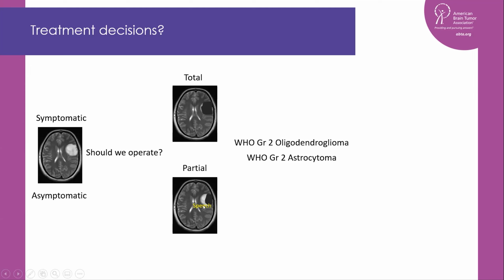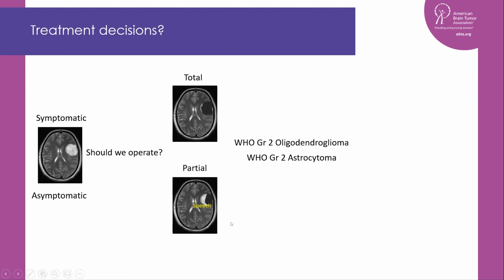But let's say the speech center is right here. So removing this whole thing in this patient may mean that after they come out of the surgery, they may not be able to speak properly, ever, because you're taking out the speech. So in this case, you will often map these things with functional MRI scans and other tests.